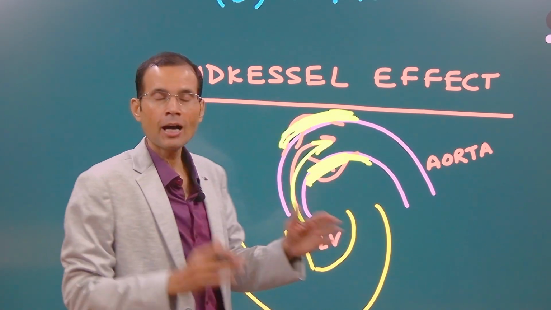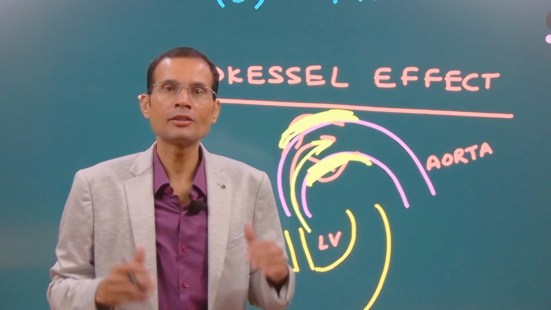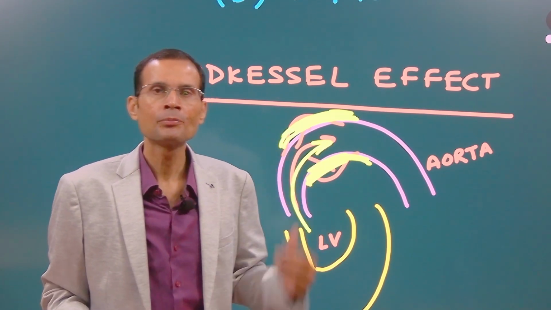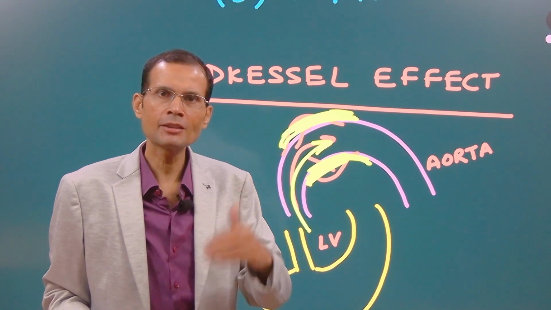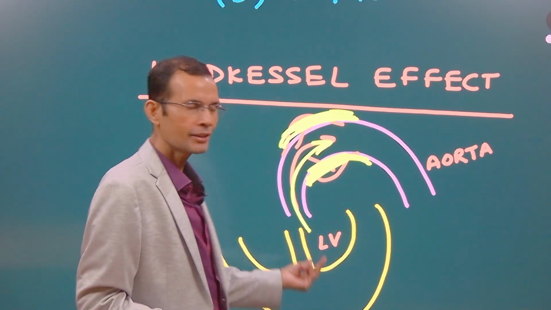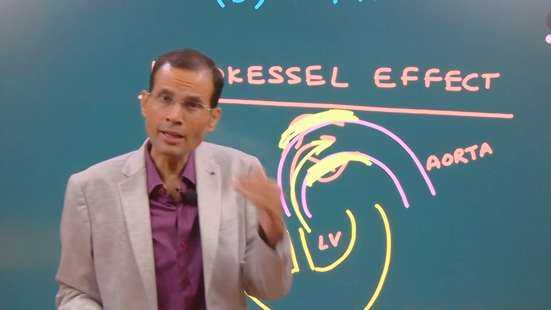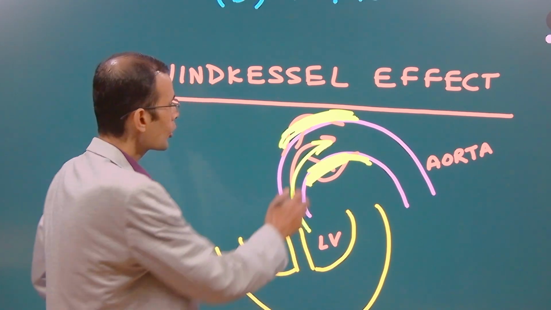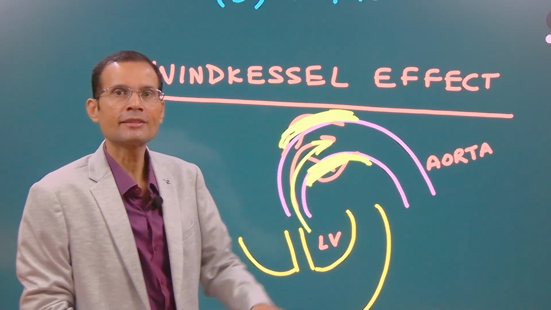So the aorta pressure will rise during systole. It anyway rises, as we have seen, the aorta pressure does become some 120 mm of Hg, because that's the pressure in the left ventricle. But now it will increase much further because it is unable to distend.